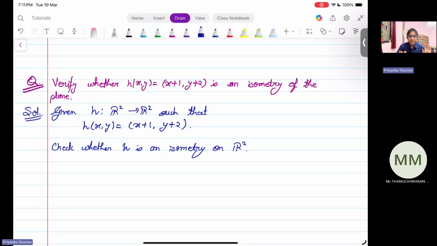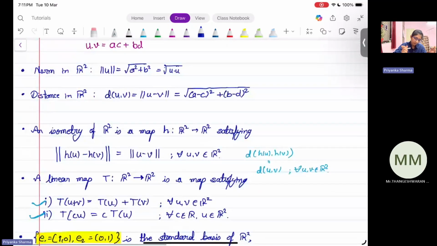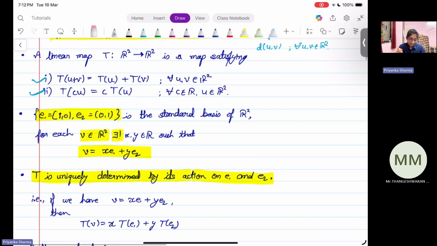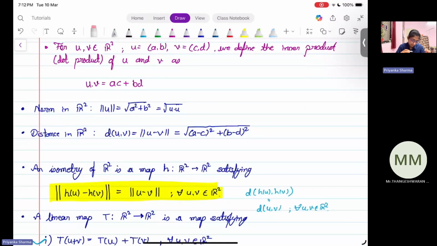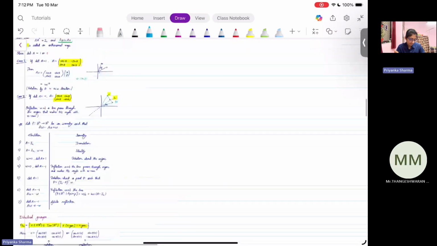A map will be an isometry if it is distance preserving, or norm preserving, like how we defined the isometry initially. H will be an isometry if and only if the norm of Hu minus Hv is the norm of u minus v, or the distance between Hu and Hv is the distance between u and v. And how do we find the distance in R square? This is the way. So just use it and solve the question.